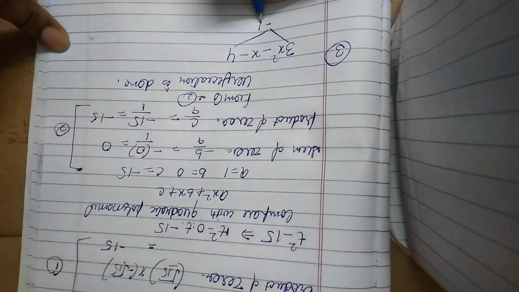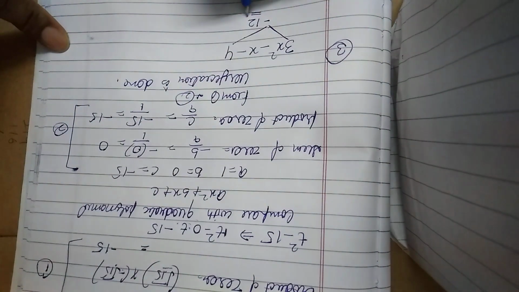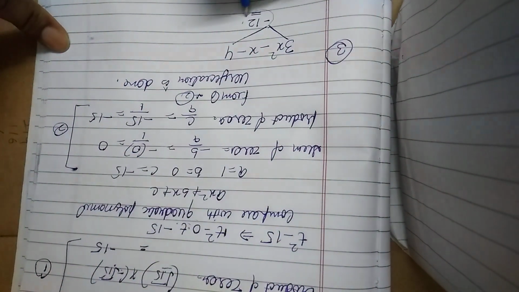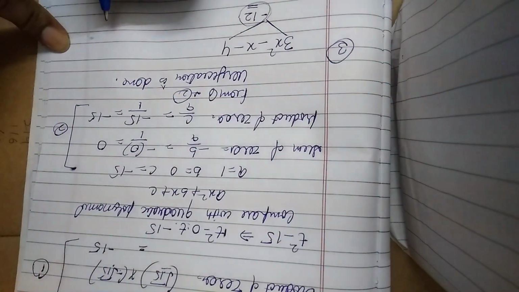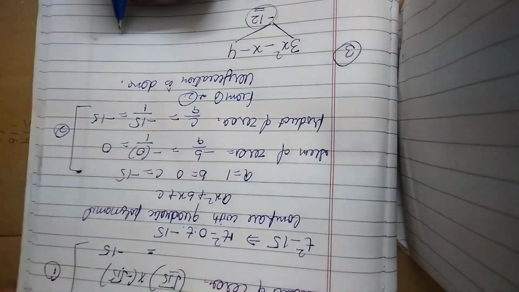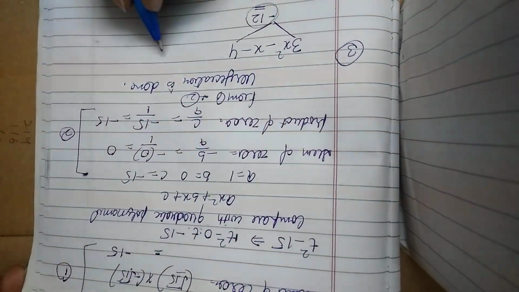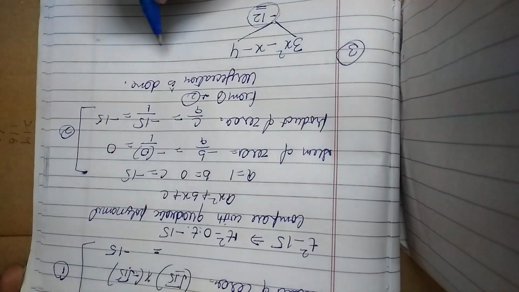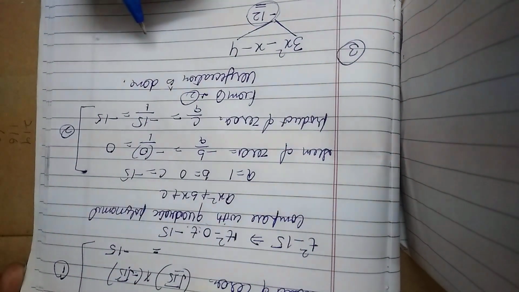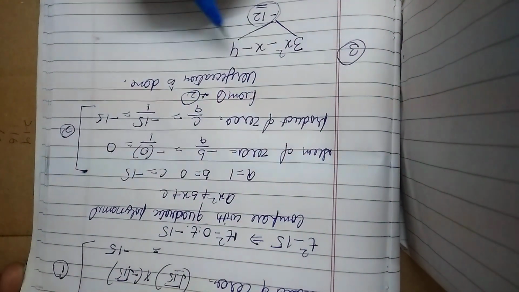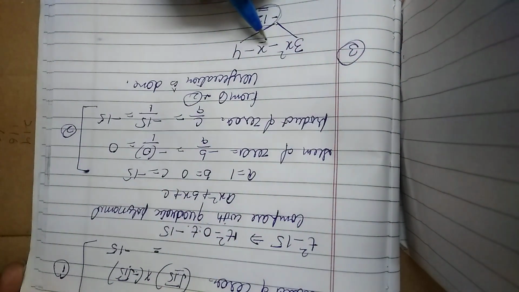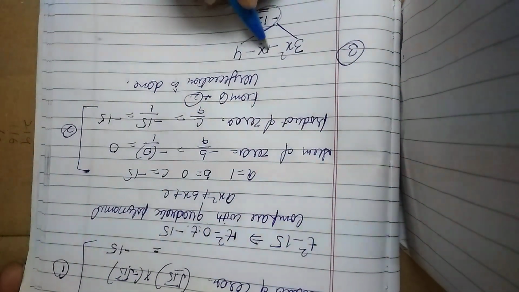We want two numbers whose multiplication is minus 12, and in the same way we also want their difference to be 1.